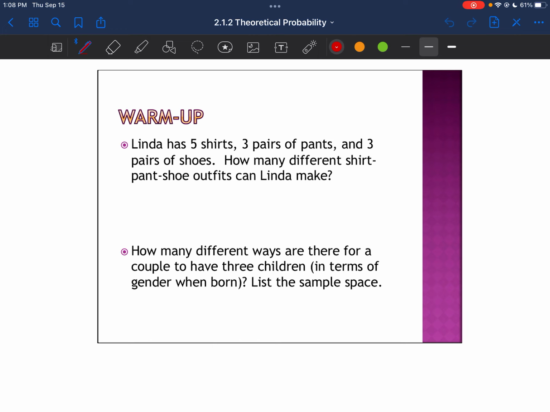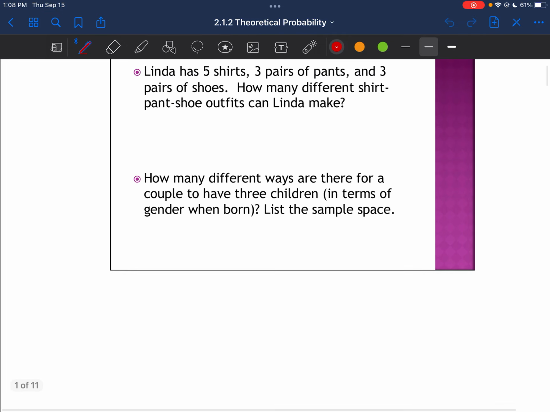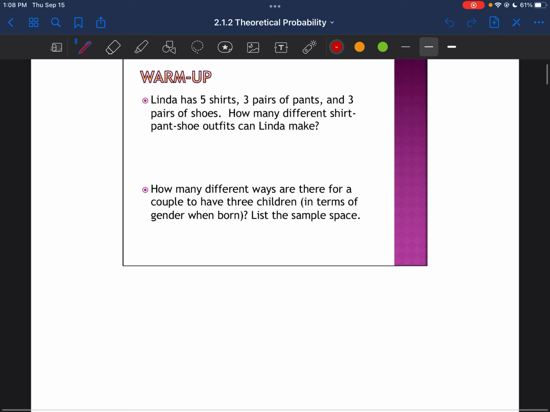So first we have to assume that each shirt, pair of pants, and shoes would all match each other, because otherwise why are we even doing this? But if we think about what Linda has, if Linda has 5 shirts, for each shirt that she chooses, she could use 3 pairs of pants with each shirt.